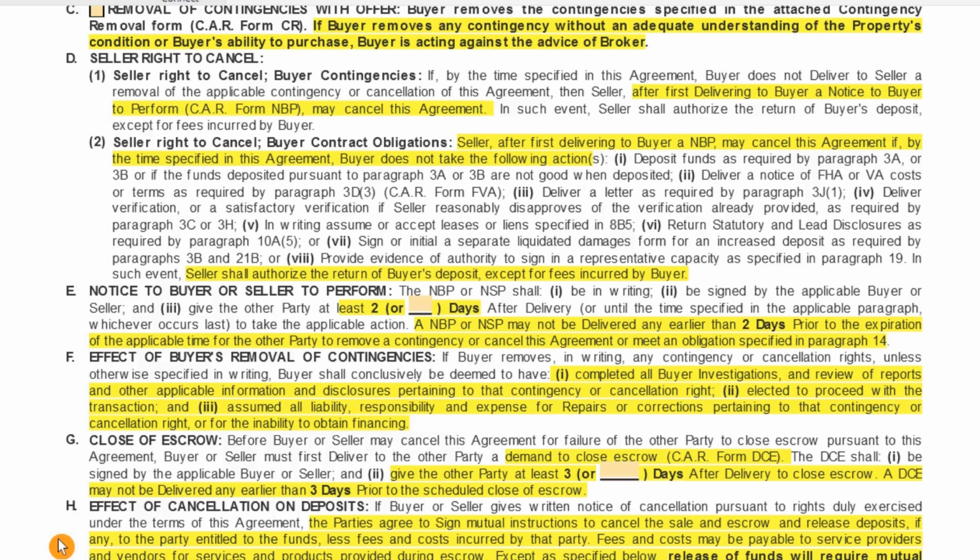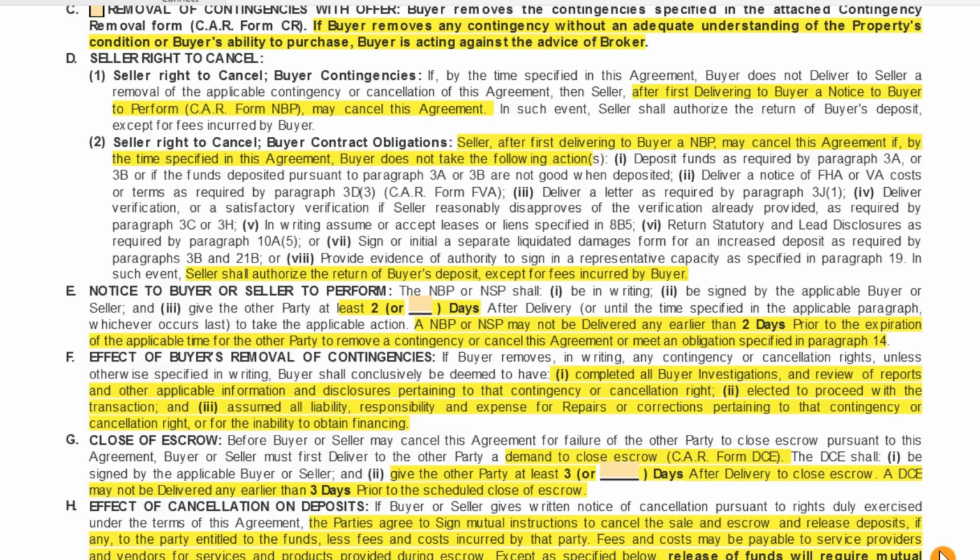Section H talks about the effect of cancellation on deposits. And if a buyer or seller gives written notice under the rights that they have under the agreement, then the parties shall agree to sign mutual instructions to cancel the sale and escrow and release deposits, if any, to the party entitled to the funds, less fees and costs incurred by the party.